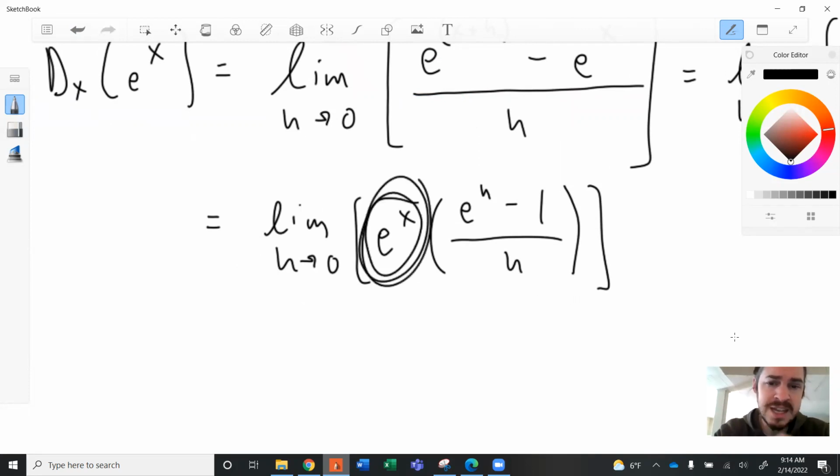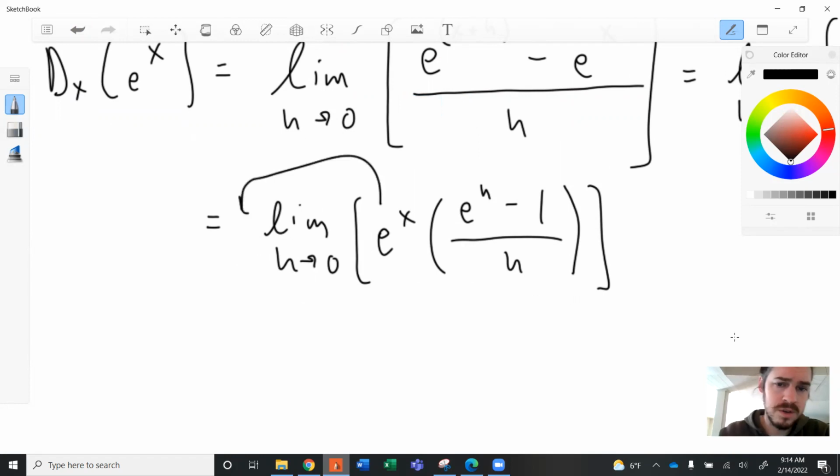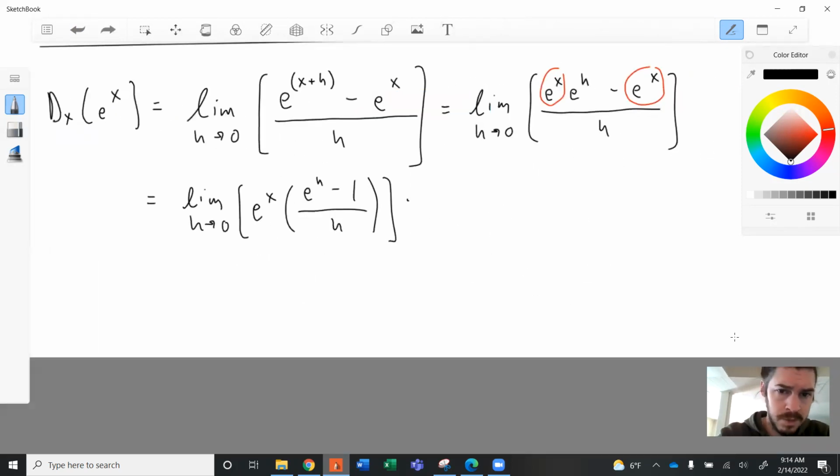So this e to the power x is a factor that doesn't rely on h, right? It's just a function of x, and x is some other independent variable. So we can treat it as a constant, pull it out using the constant multiple rule for limits. So we have e to the power x on the outside, times the limit as h goes to 0 of just this, e to the h minus 1 all over h.